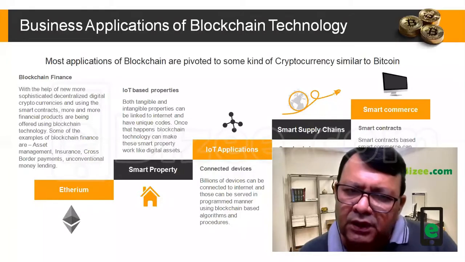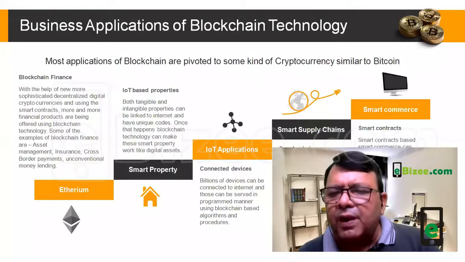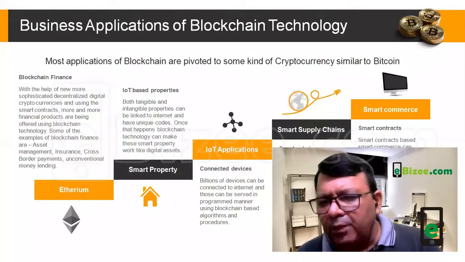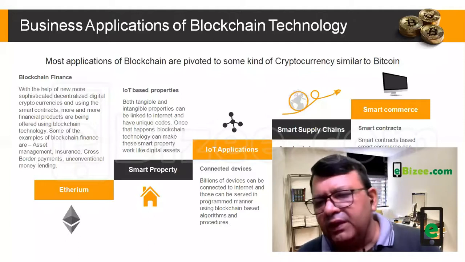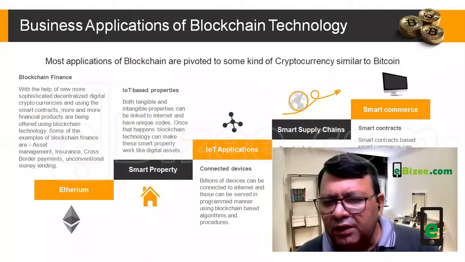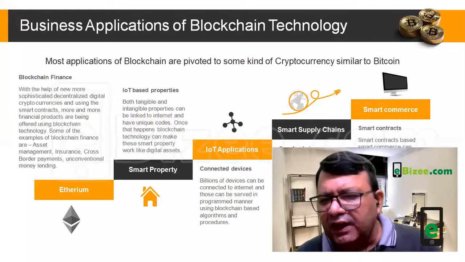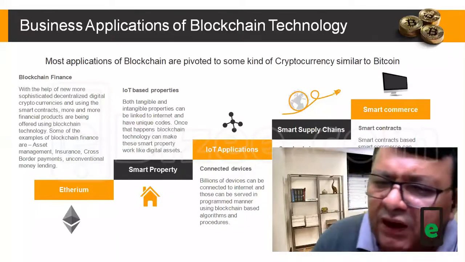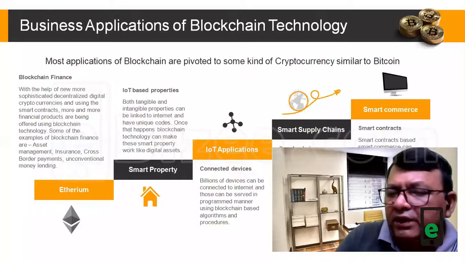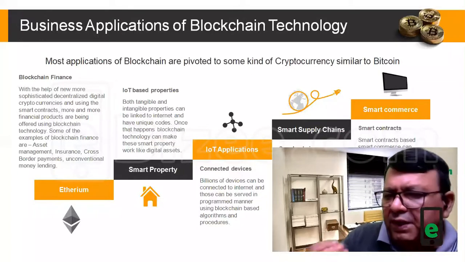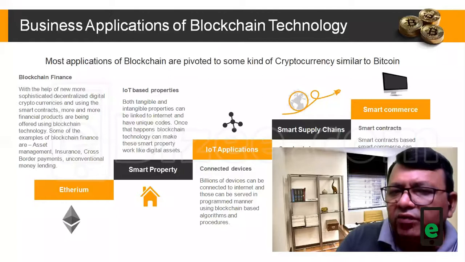Then there are applications of blockchain in something called smart property. So a property can be movable property, tangible, or non-tangible, in terms of intellectual property rights. So there can be different types of properties which can be linked to the internet through codes, which becomes something called the Internet of Things.